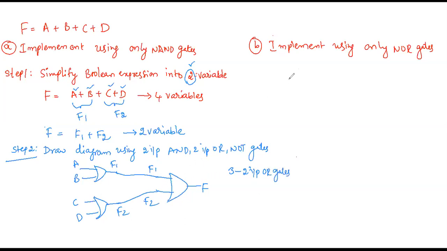Now, step 3. Step 3 is: replace two input AND, two input OR and NOT gates with NAND.